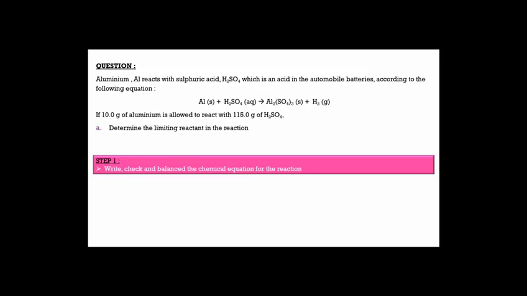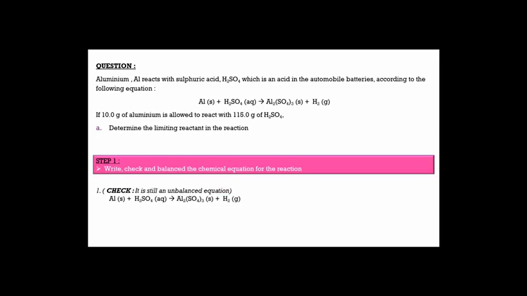But sometimes, like in this question, you are already given a chemical equation, but you need to check whether the chemical equation given is already balanced or not. Okay, let's check together.